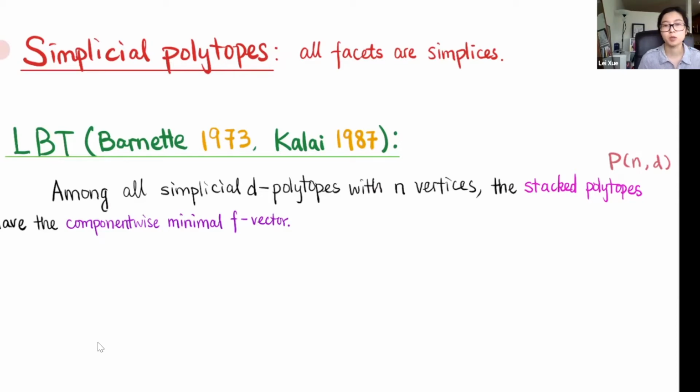We're going to define stacked polytopes in a minute, but I first want to explain component-wise minimal f-vector. It basically says that these polytopes will have the minimal number of i-faces for each i among the family of all simplicial polytopes. We denote a stacked polytope P(n,d), and here's how we define them.